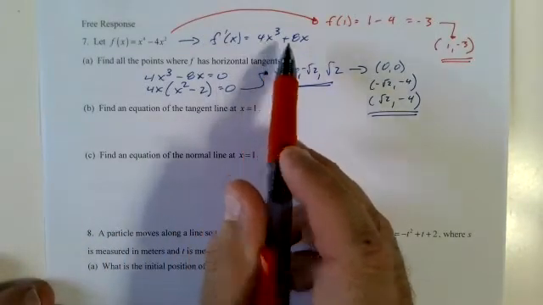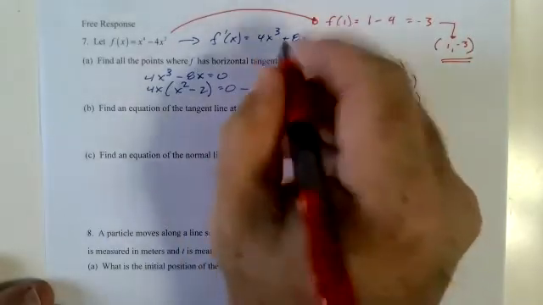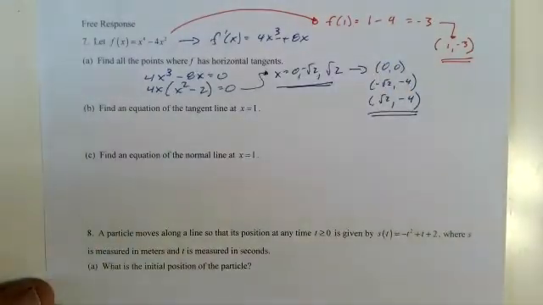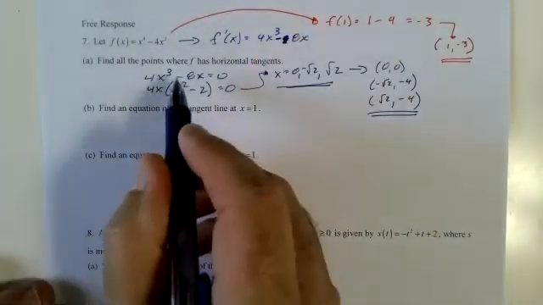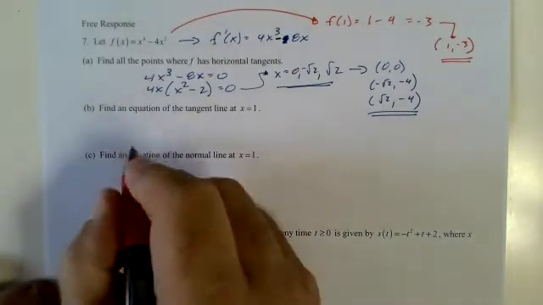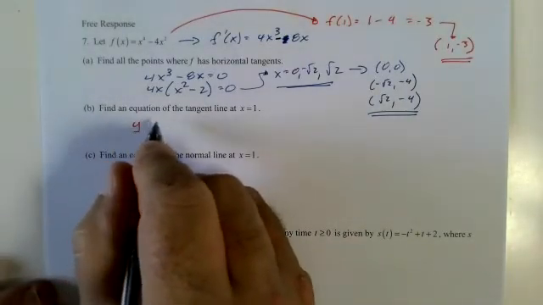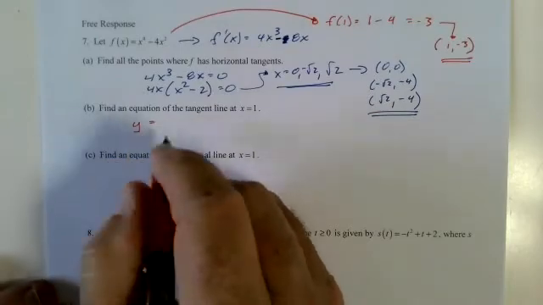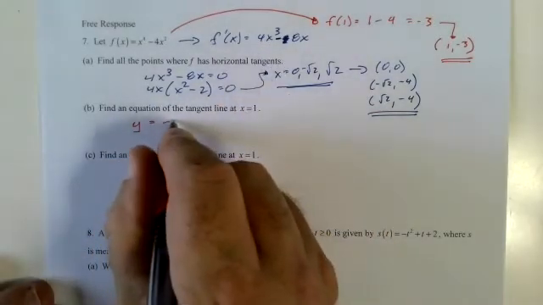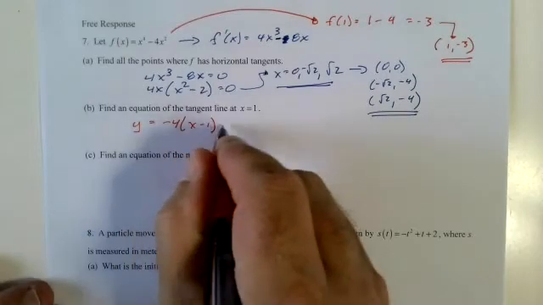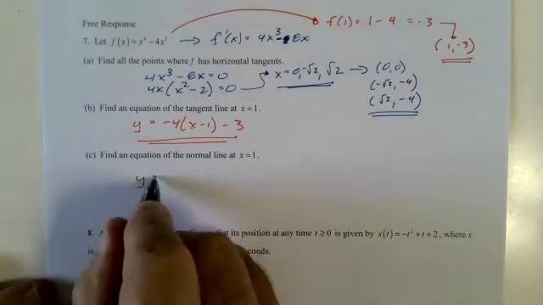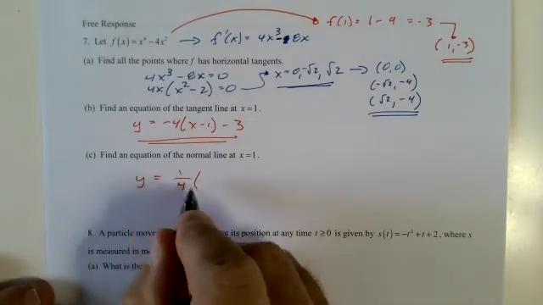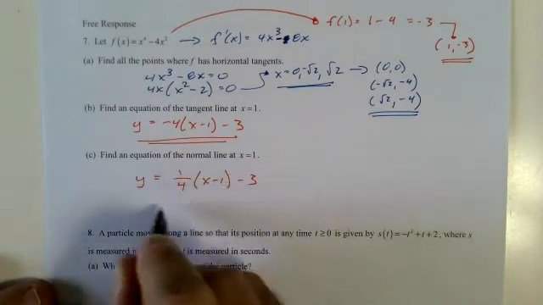That was painful. Especially when it says negative here. Weird. All right, y minus negative 3, y plus 3 equals negative 4 times x minus 1. Nice. Find equation of the normal line. y equals 1/4 times x minus 1 minus 3.